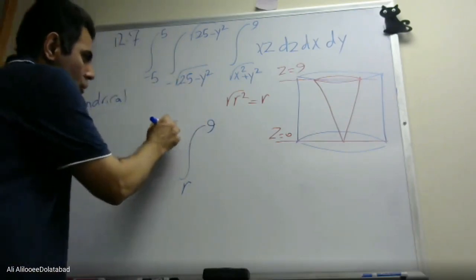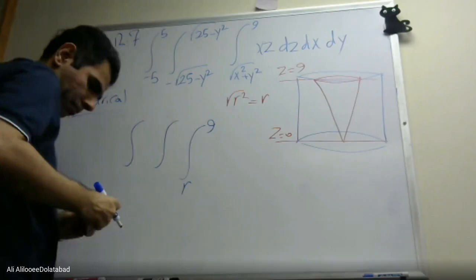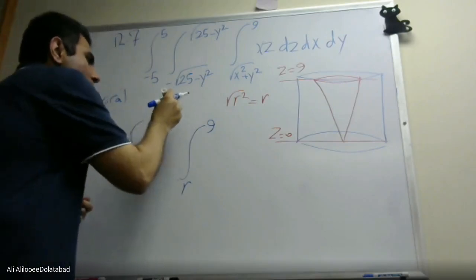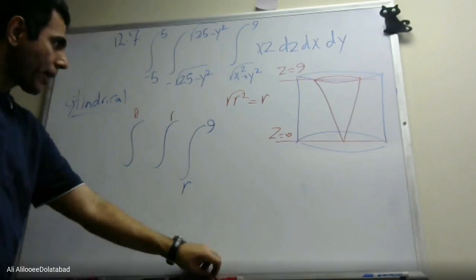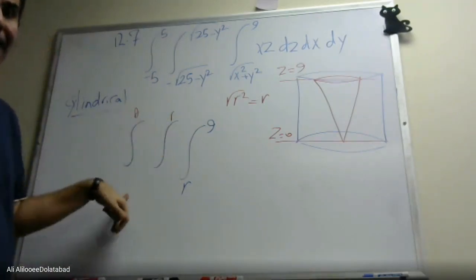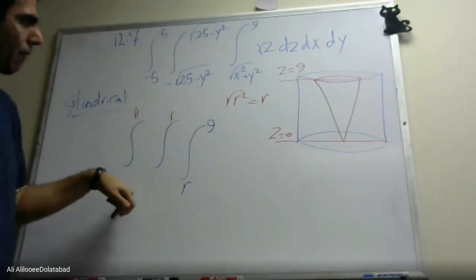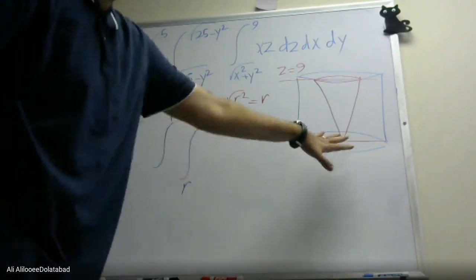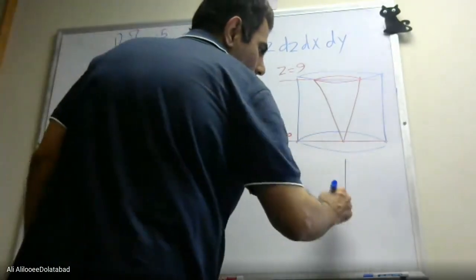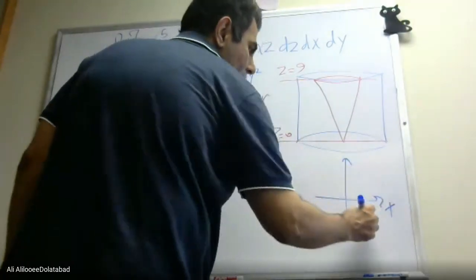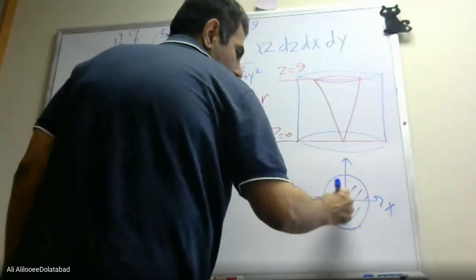What about these 2 integrals? One of them is r, another is theta. In order to find r and theta, we have to consider the shadow of this solid on the xy plane. As I explained yesterday, the shadow of this solid on the xy plane is a circle.